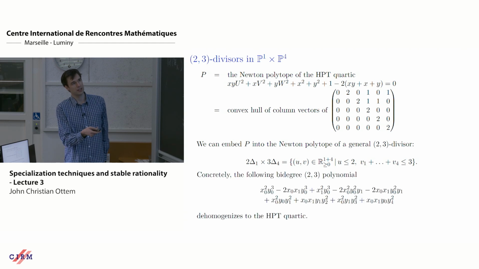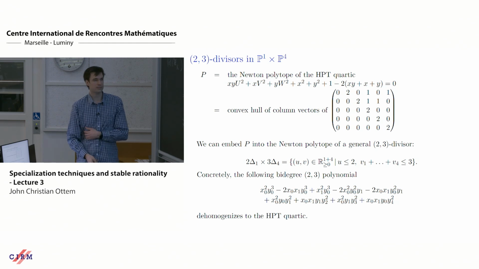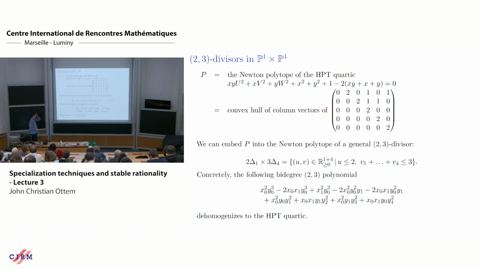So now this corresponds to a fourfold, this is also a fourfold, and we just notice that this polytope lies inside here. So in geometric terms, it just means that you can re-embed the Hassett-Pirutka-Tschinkel quartic as a 2-3 divisor.